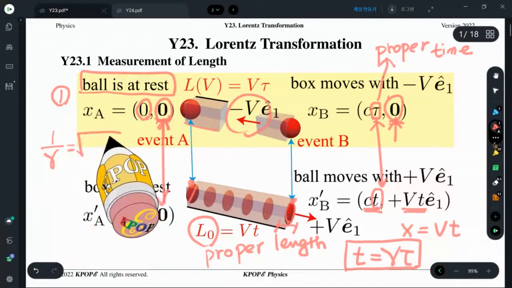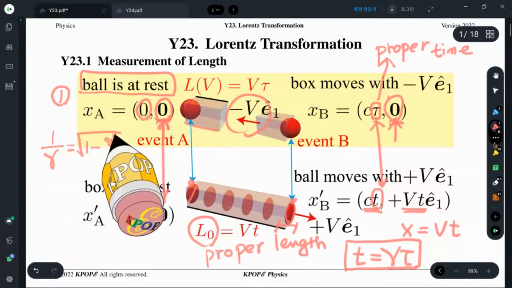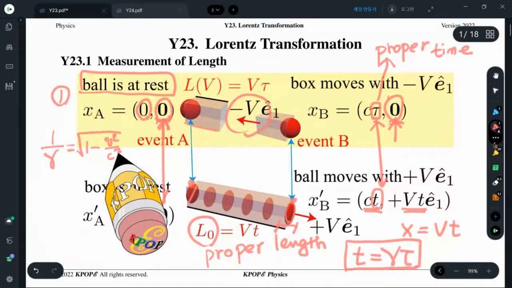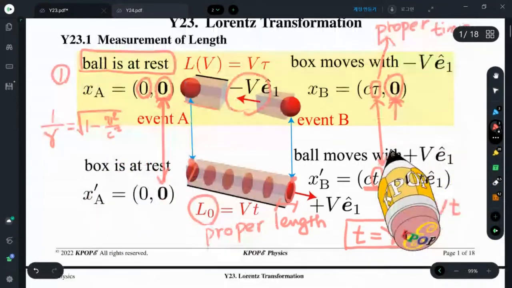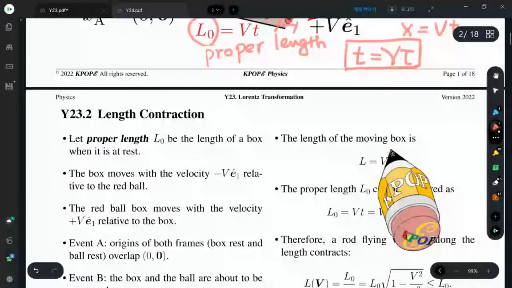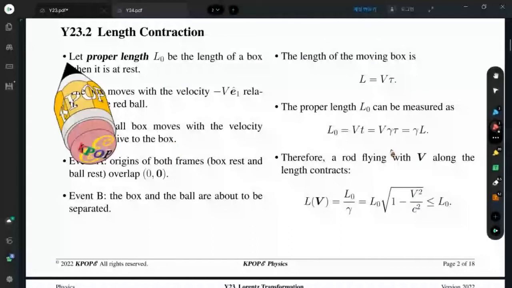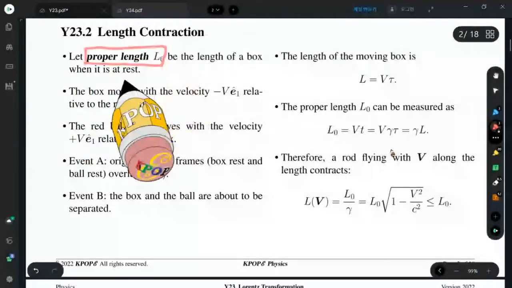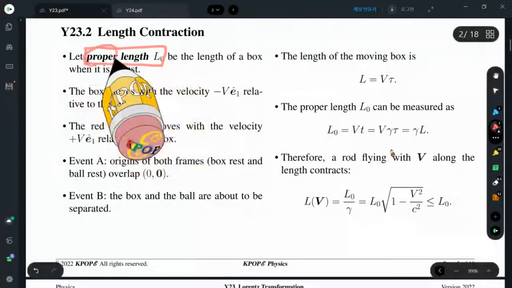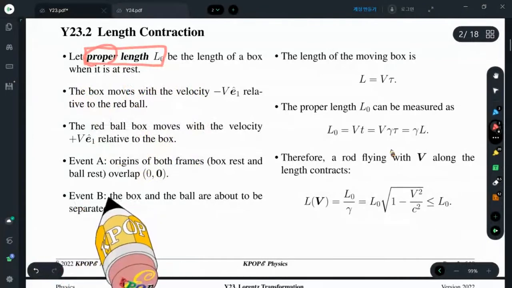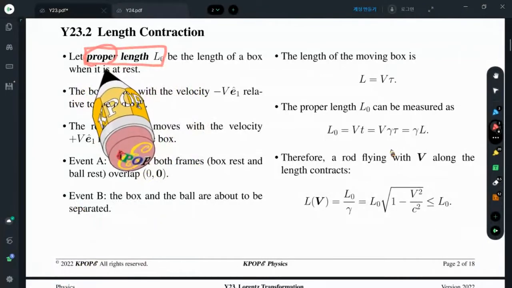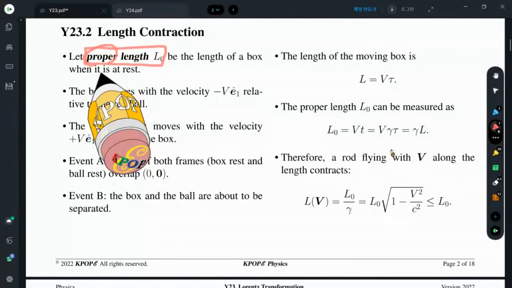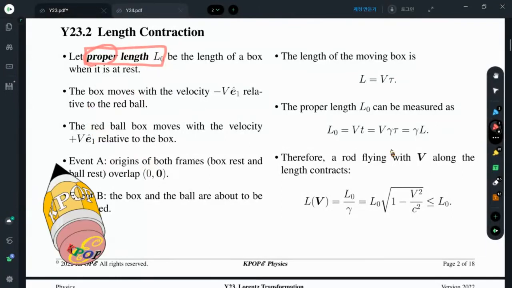That is square root 1 minus v squared over c squared. This is what's going on in special theory of relativity. The length contraction, let's recall the proper length. Proper length, proper time, it is always measured in the frame where an object is at rest, it does not move.